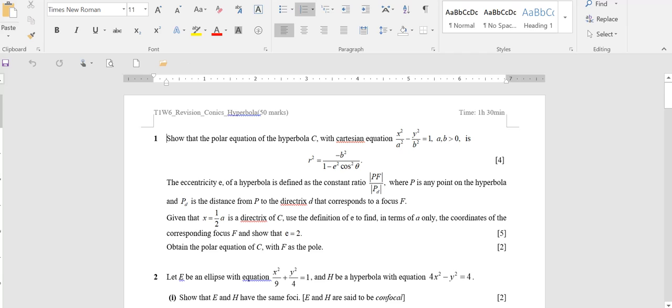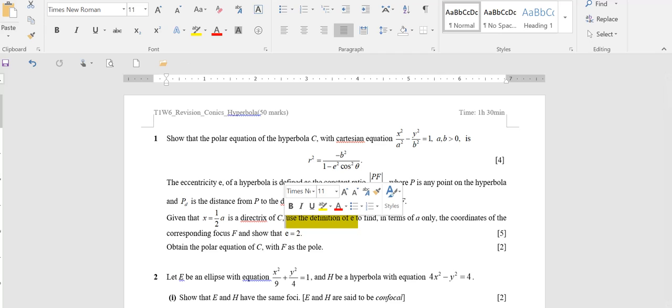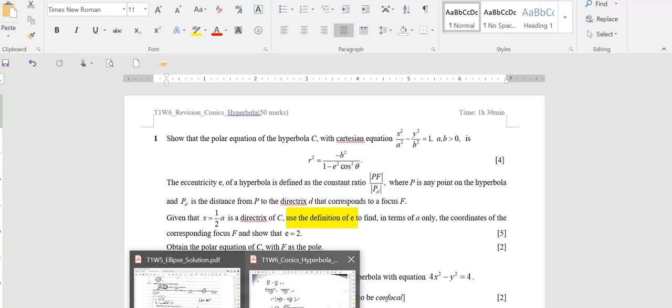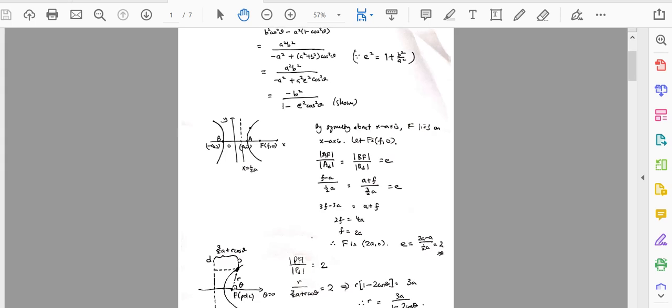So for the hyperbola, the first question, just to emphasize this point, you have to use the definition of E. When you quote results, you need to be careful because here they're pointing you to use only this definition of E. So in the solution, I think the first part wasn't a problem.